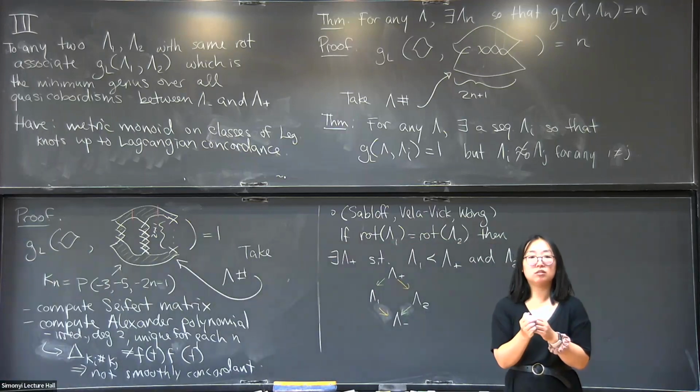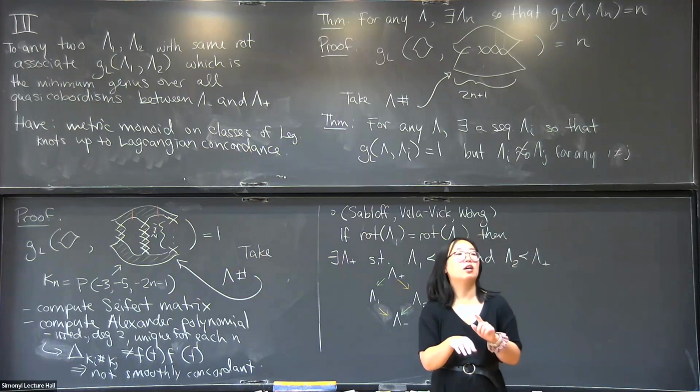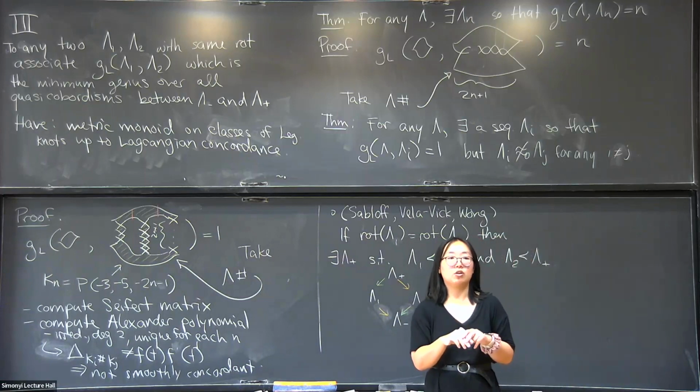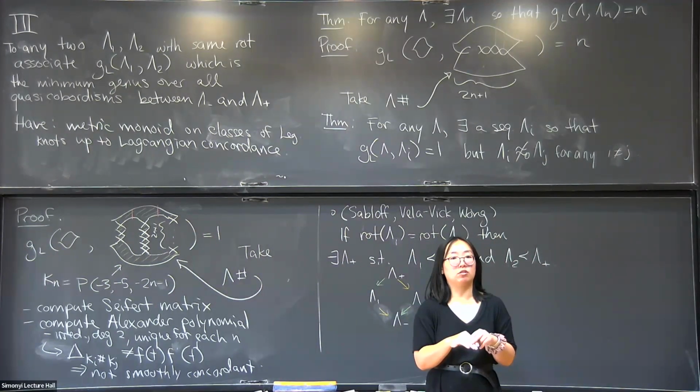You said that it was only in dimension 3 that we know the construction of a lambda plus. Yes, in R3 we know explicitly how to construct it, but in other 3-manifolds we know it exists.